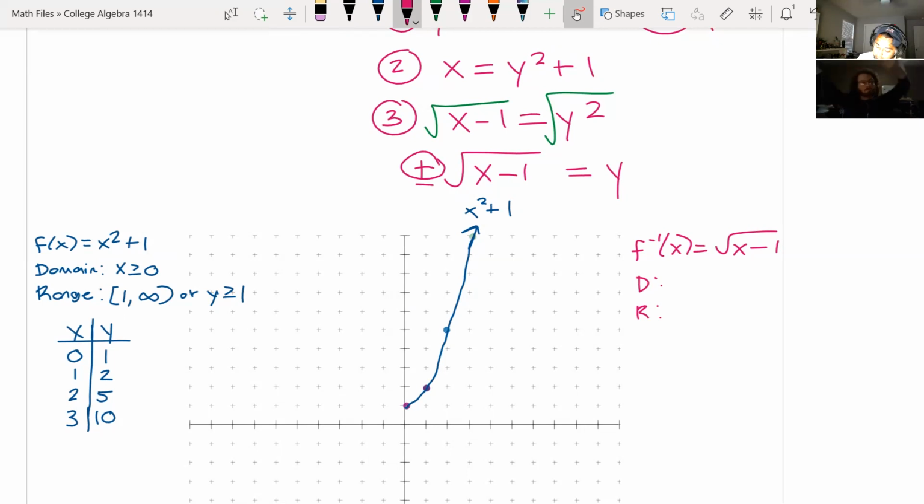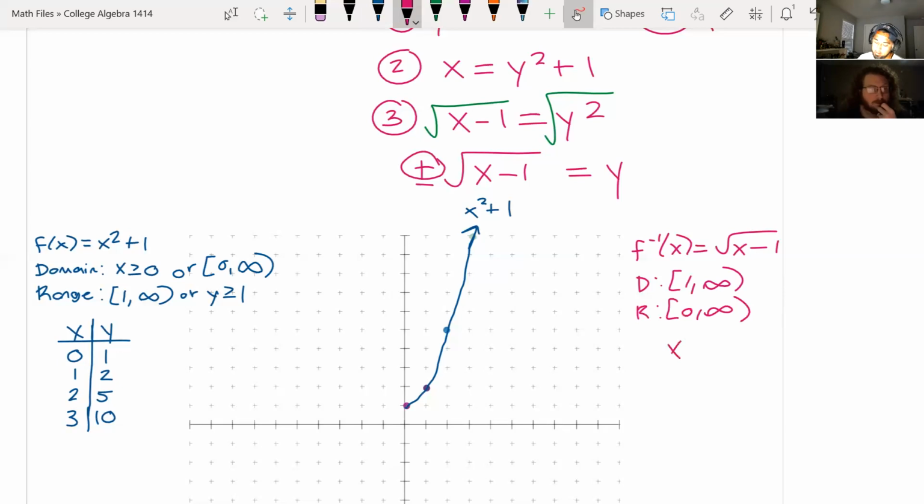So the domain is 1 to infinity. And what's your range? Well, remember when you go to range, it becomes y values, 0 to infinity.